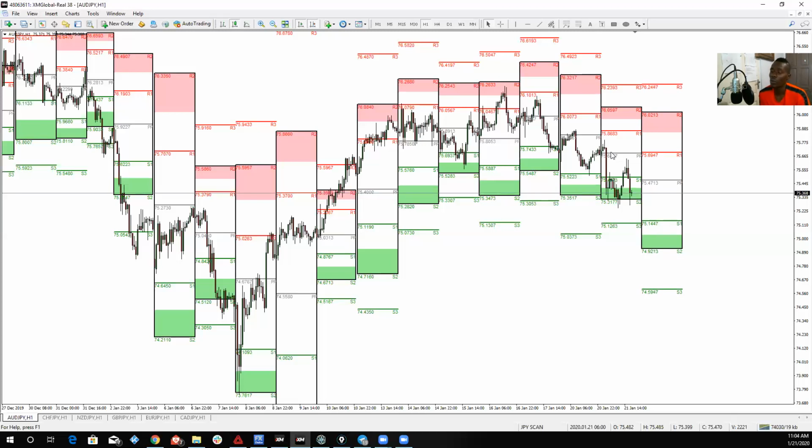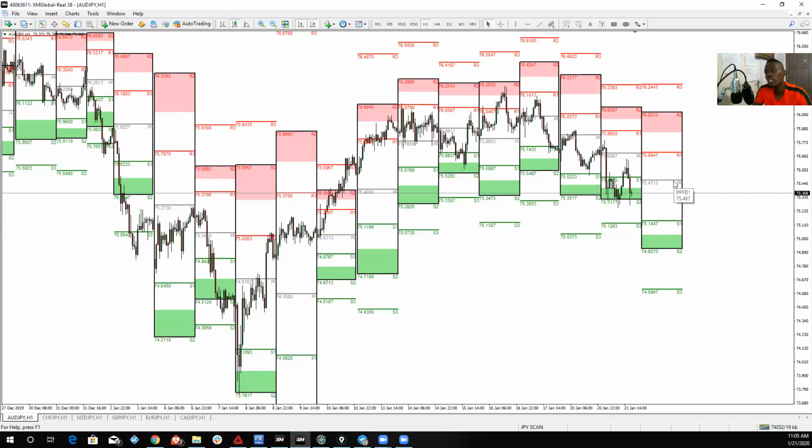So with the pivot points that I have here, I'm predicting tomorrow's price movement, where I'd like to get involved in the market. We have PP, which is pivot point, it should be CPP, the central pivot point.